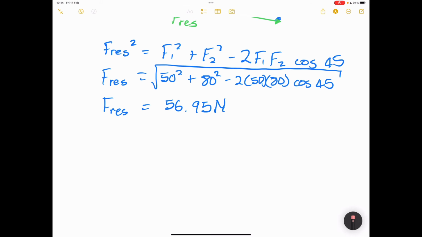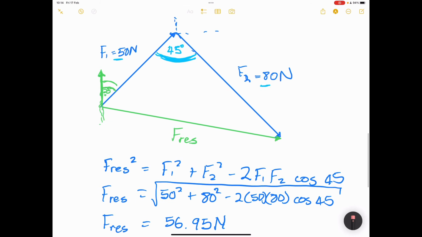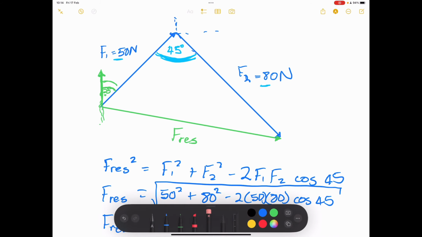Now, the last thing that we need to do, ladies and gents, is remember, we still need to give the direction. Now, I'm going to do that in red. Remember, we're using bearing, so we also need to give the direction in terms of bearing. So I have to measure this angle over here.